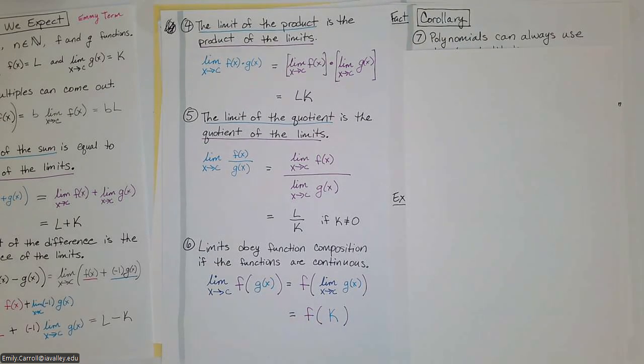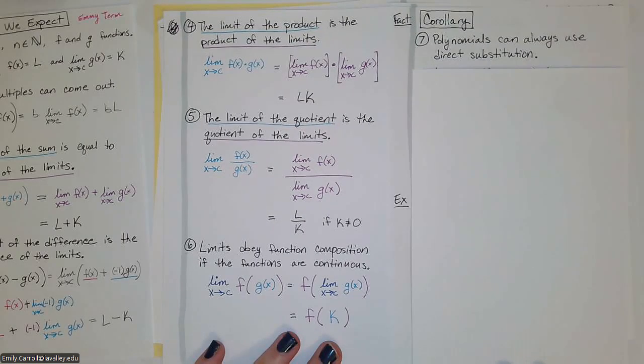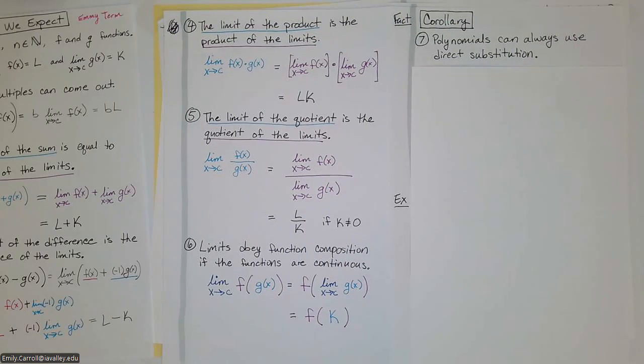So fact number 7 here is going to be that polynomials can always use direct substitution. We can already kind of get a sense of that by the fact that polynomials have their domain all real numbers. There's no funny business in a polynomial. But it follows from the theorem we just saw, because a polynomial is just sums and powers and multiples of x.